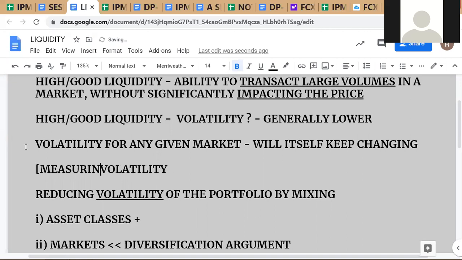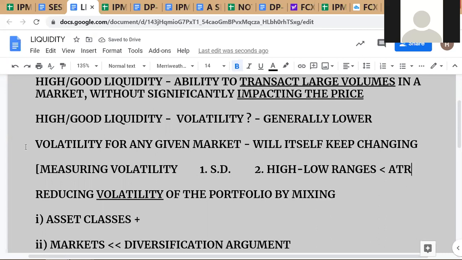But basically we can have two ways. One is standard deviation, and the second is average true range, which is a technical indicator.